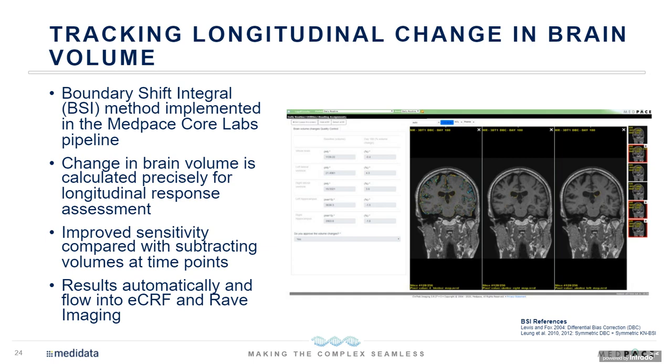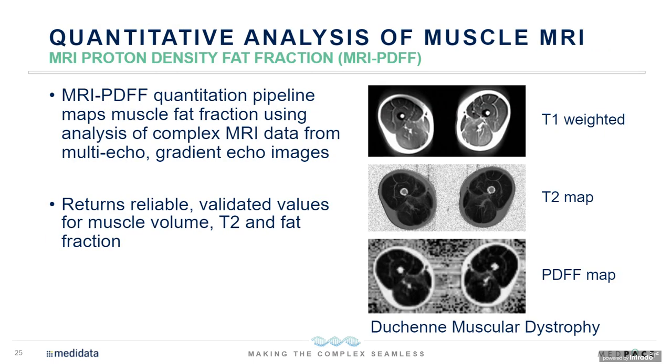Core Laboratory has implemented and validated this method for studies where longitudinal changes in regional or whole brain volumes are needed. The results are automatically fed into Rave Imaging, streamlining the process and avoiding the potential for transcription error.